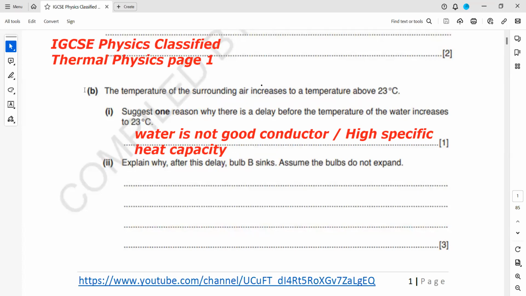So it takes much longer for the transfer of heat energy.